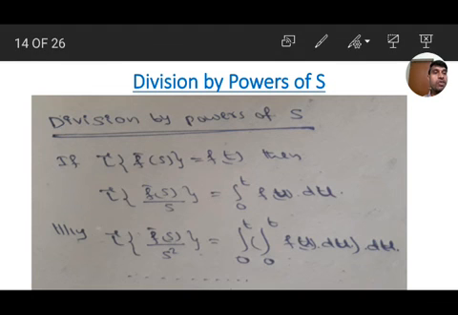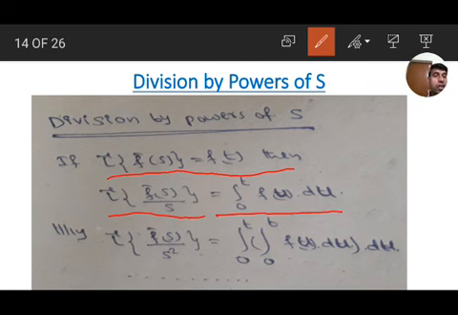Let us move to the next one: division by powers of s. What is the formula? Division. If L inverse of f bar s equals f of t, then L inverse of f bar s by s equals integration 0 to t of f of u du. In multiplication we have a derivative. In division by s, f bar s by s, we have integration 0 to t of f of u du.